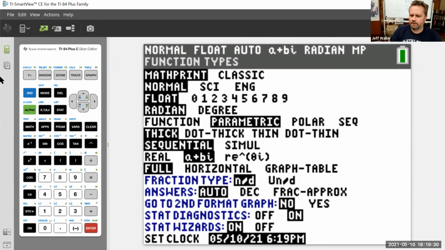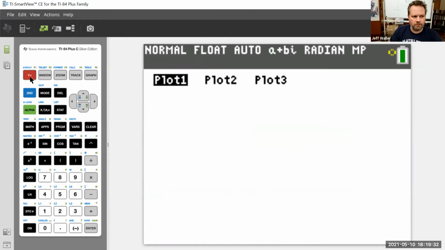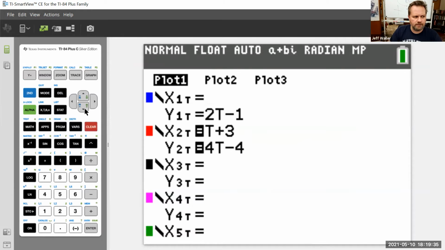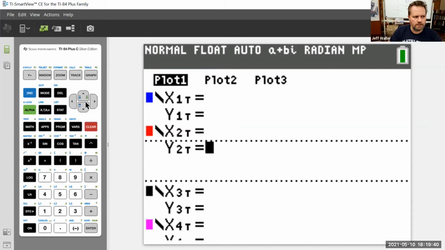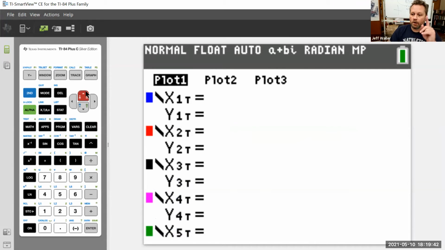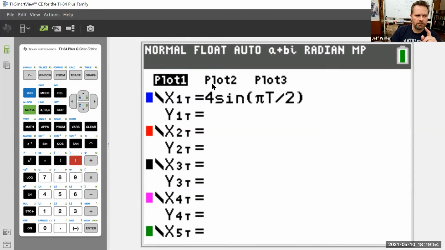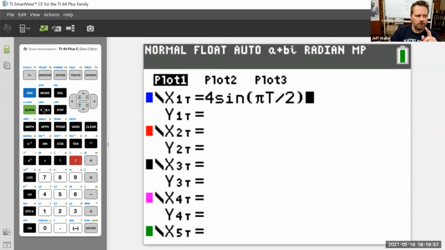So now if you hit parametric and then you go to y equals, you get this kind of stuff. So I can put in here, I have completely forgotten, 4 sine, what was it, pi t over 2? Yes. And I love it when you change modes. This is your all-purpose variable button. It changes to theta when you're in polar. It changes to t when you're in parametric. Okay. And what was y?